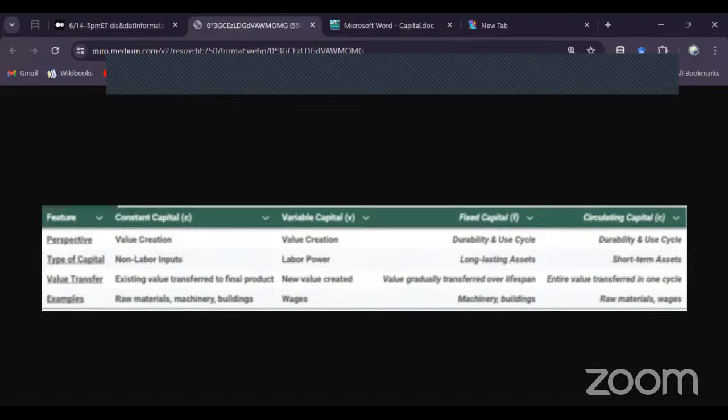Now, in this pairing, columns 3 and 4, is long-lasting assets and short-term assets. And the difference is durability. The durability question is, some assets, some machines, will last a fair amount of time. They're made out of steel, not brass, and so therefore they can do certain things that other metals would not be able to do if you built it out of that material.